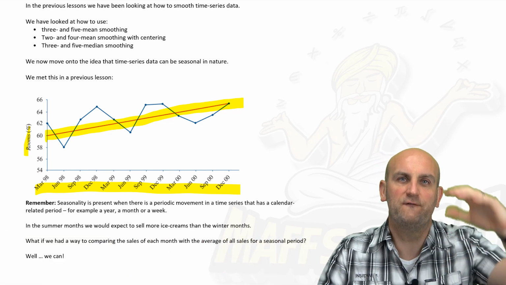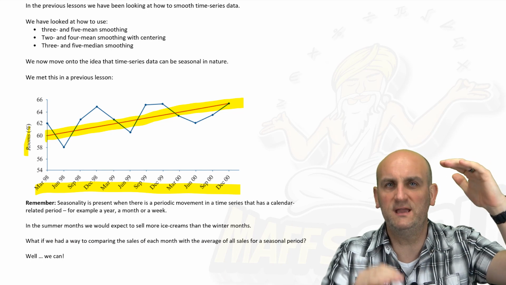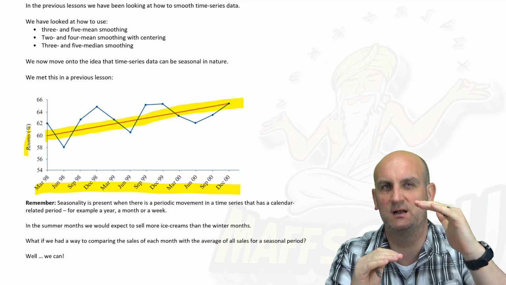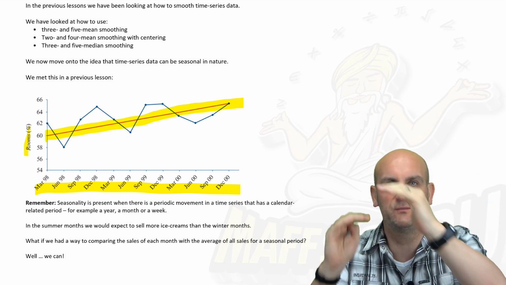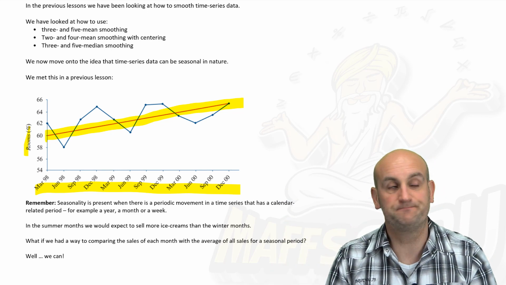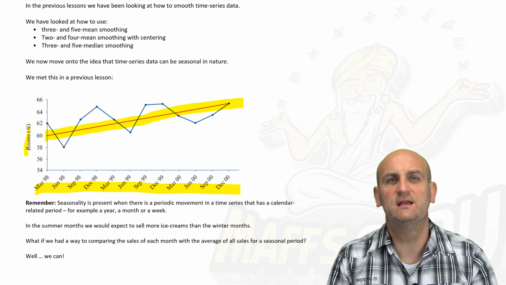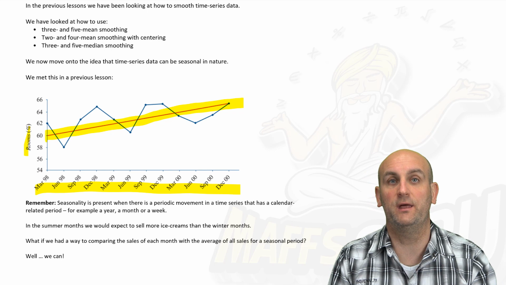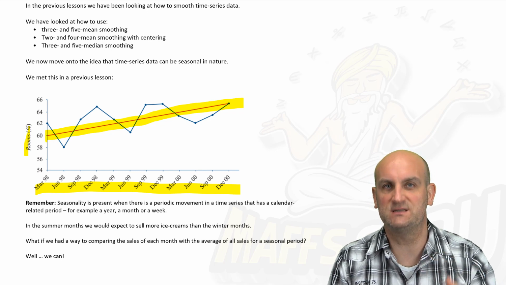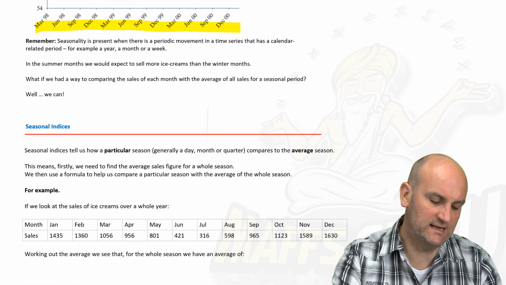What if we could sort of fudge the data so we could raise up the ice cream sales in winter and reduce them a little bit in the summer to come up with some statistical way of smoothing that out a little bit. Realistically speaking, seasonal indices is just another way of smoothing. And if we remember that the whole point of this is to come up with some sort of trend line, life should be good.